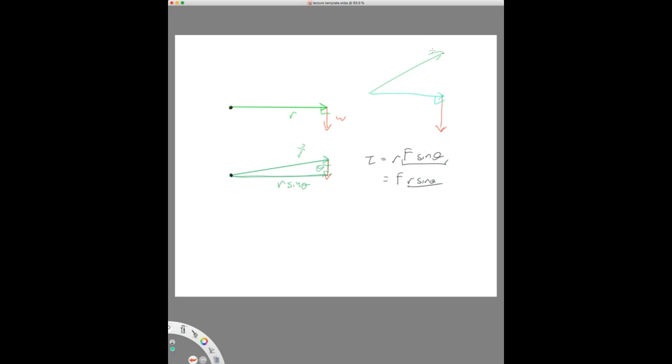That would give me mathematically the same thing as if I have my force up here and R over here, as having my force moved down, making a right angle, and having a shorter R.